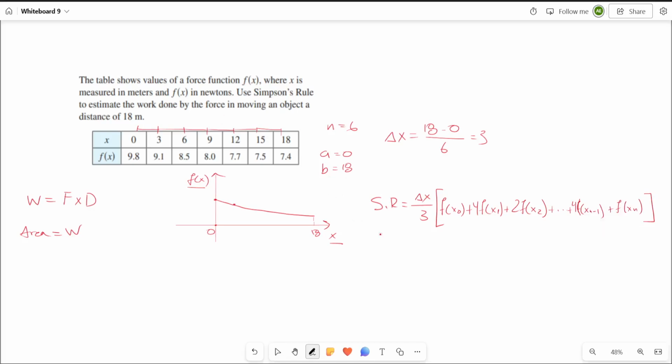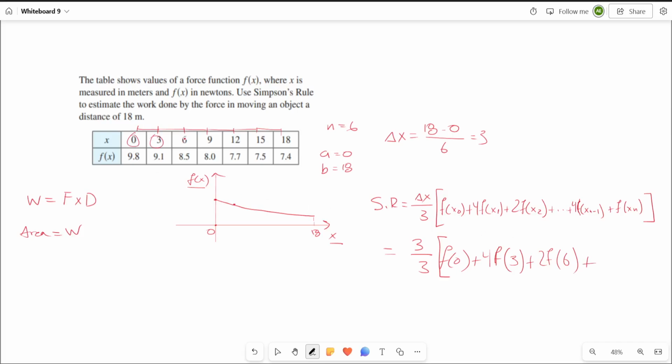Delta x is 3, so this is going to equal 3 over 3 multiplying f of x0, so f of 0, plus 4 times f of 3, plus 2 times f of 6.